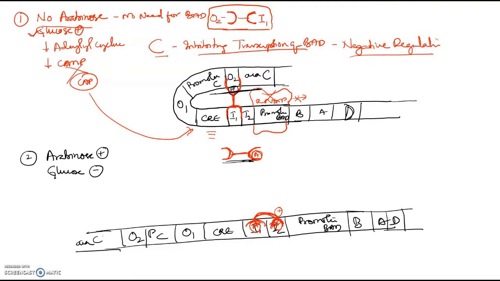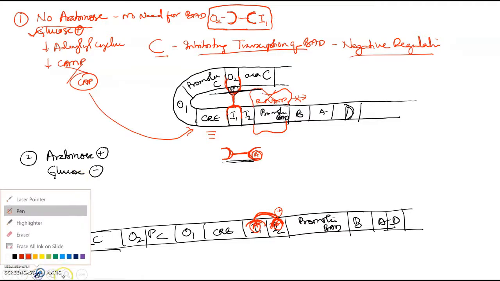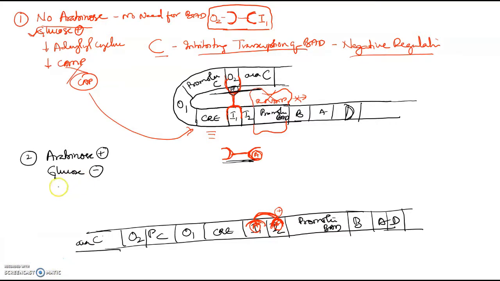All right. Now the second thing that will happen is when there is low glucose levels, there is increased adenylyl cyclase, which means increased cyclic AMP, which means CAP and cyclic AMP are bound.